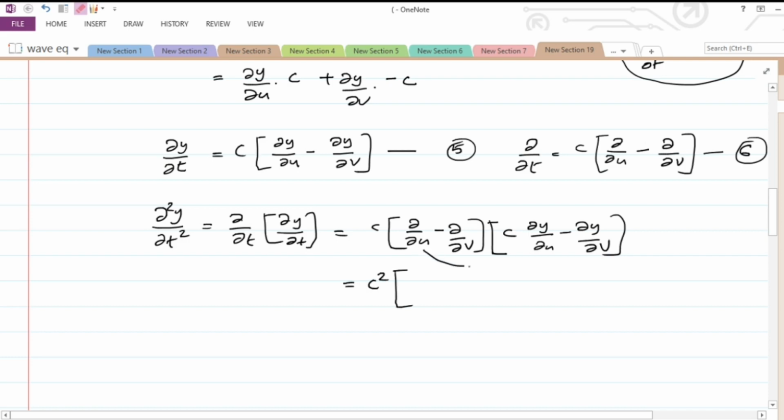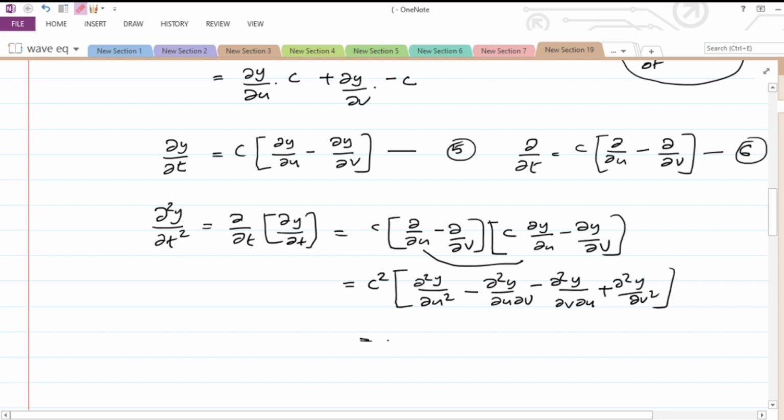Now you can take the component-wise derivative, that is ∂/∂u of ∂y/∂u, that is ∂²y/∂u², minus ∂²y/∂u∂v, minus ∂²y/∂v∂u, plus ∂²y/∂v².